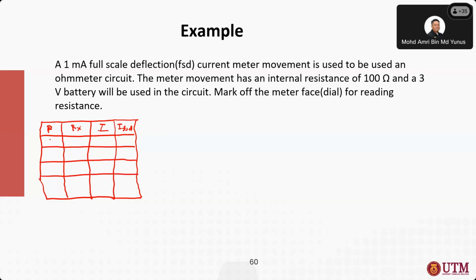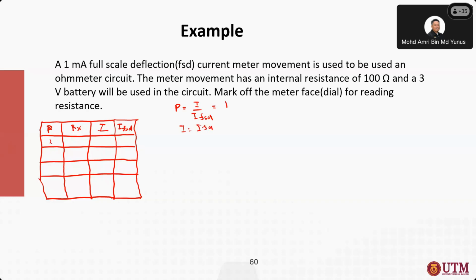P, which is I over IFSD. So if I is equivalent to IFSD, that means it's equivalent to 1.